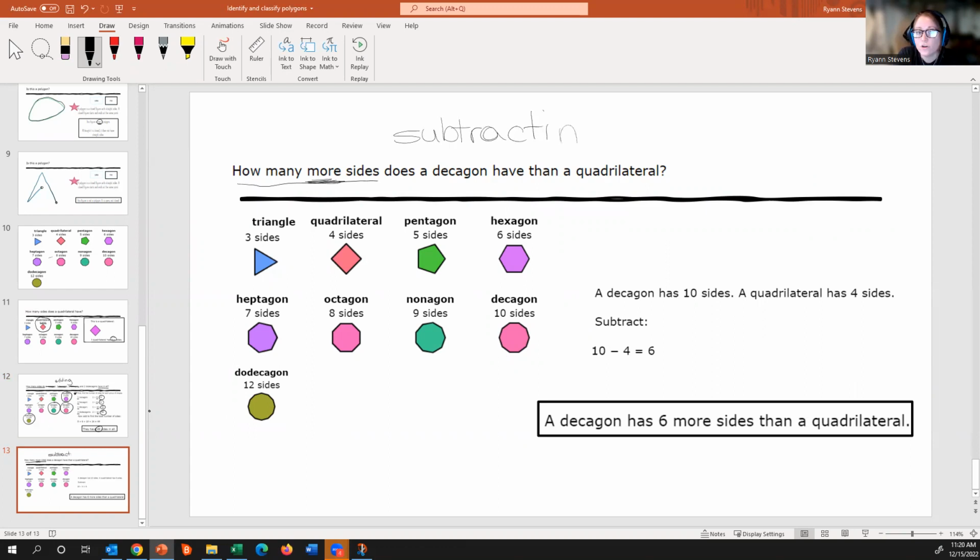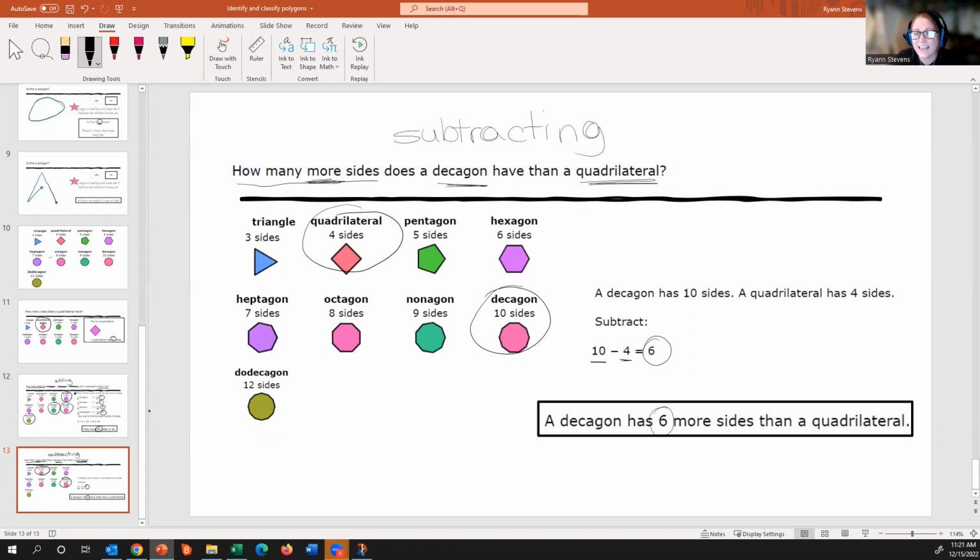So a decagon is going to have 10 sides here, and then a quadrilateral is going to have 4 sides. So we would say 10 minus 4 is going to give us a total of 6 sides. That would mean that a decagon has 6 more sides than a quadrilateral, okay?